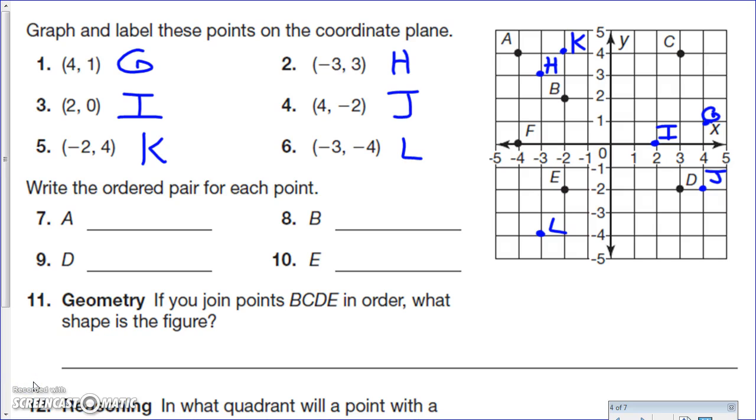For 7 through 10, it wants us to write the ordered pair for each point. So first we have to find point A. And if we look, we go over to -4 on the x and go up to +4 on the y. So we're going to have (-4, 4) as our point. For B, we're going to have to go over to -2 on the x and then up to +2 on the y.